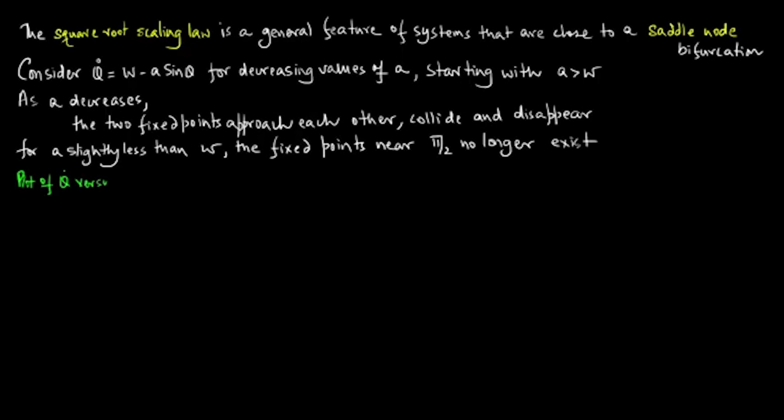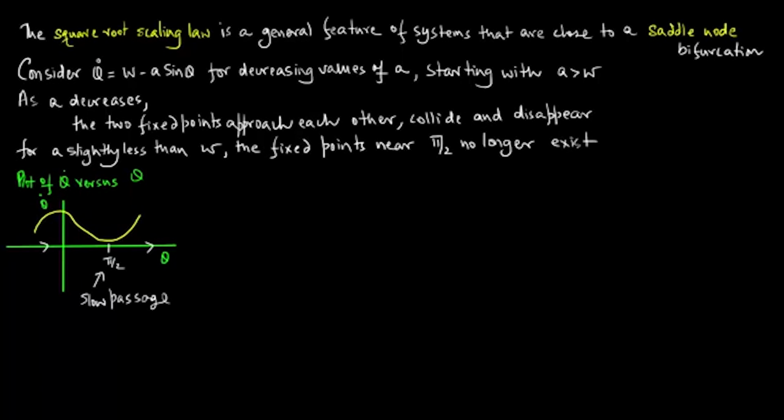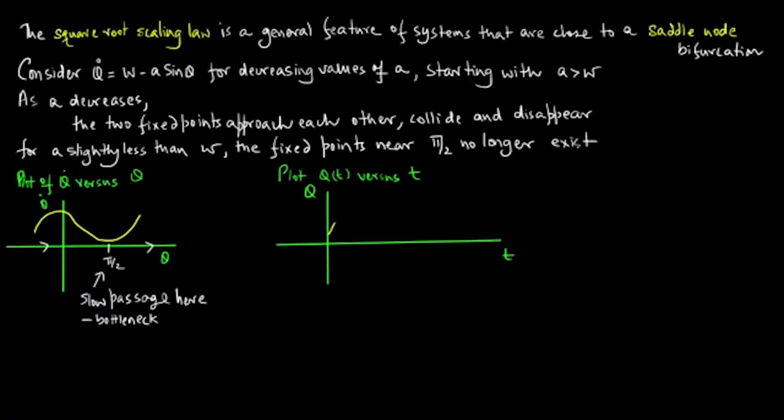So now we plot theta dot versus theta, and we highlight the area of slow passage, which represents the bottleneck. Now let's plot theta versus t, and the long stretch is where we have the bottleneck.